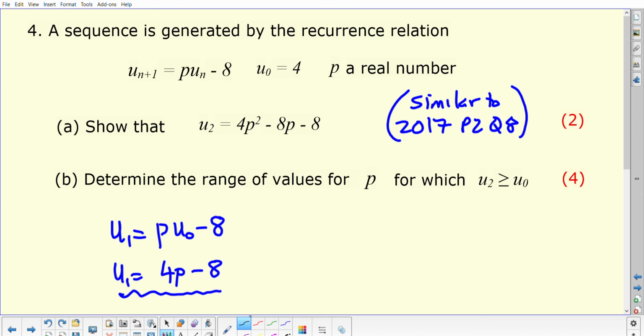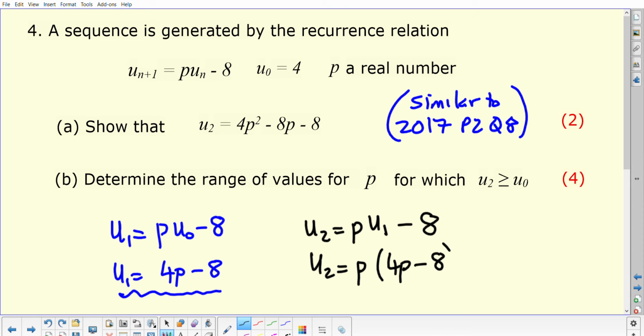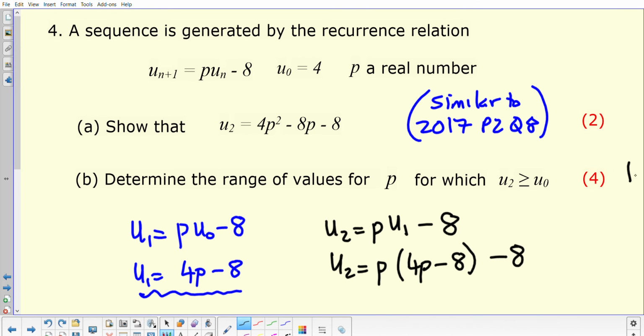Now clearly, to work out u2, we will be doing p times u1, the term before, and then subtracting 8. So here for us that would mean p times our u1 expression we've just written down, we said it was 4p minus 8, and then we have the subtracting 8 part.